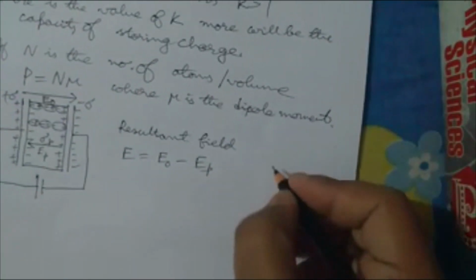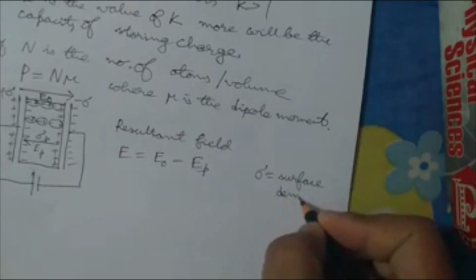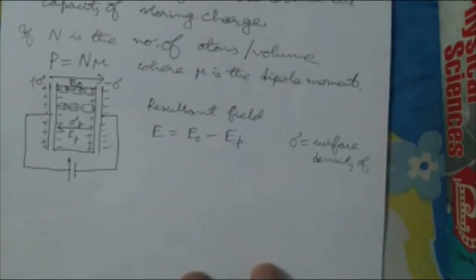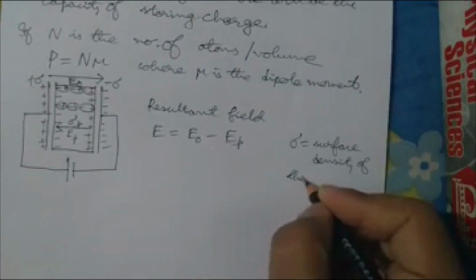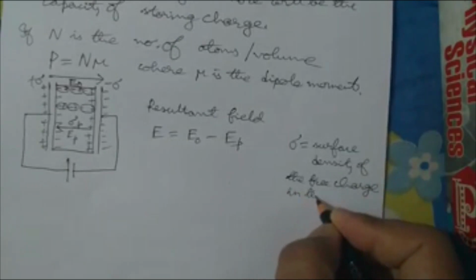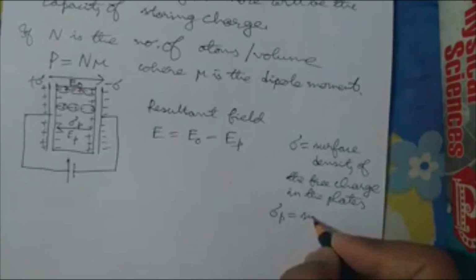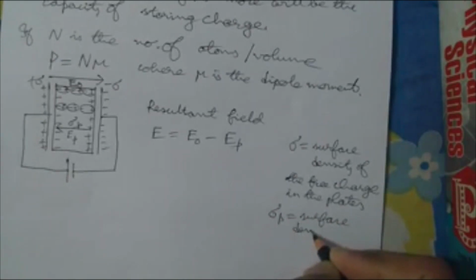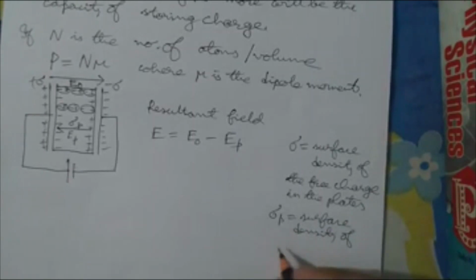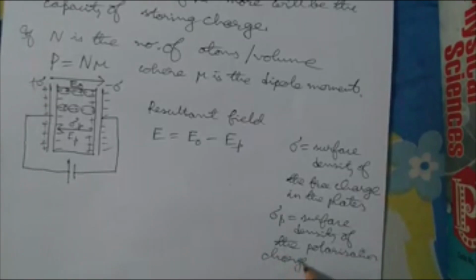Sigma is the surface density of the free charge on the plates, and sigma p is the surface density of the polarization charge within the dielectric.